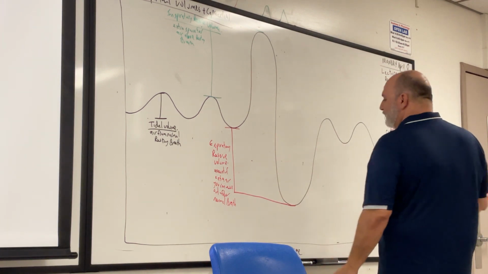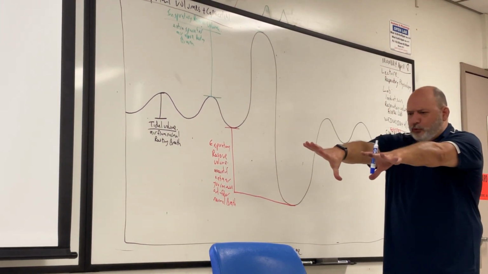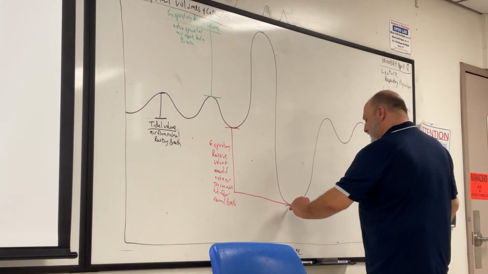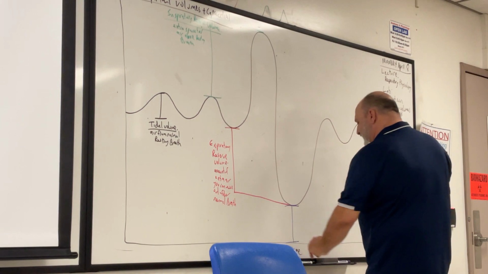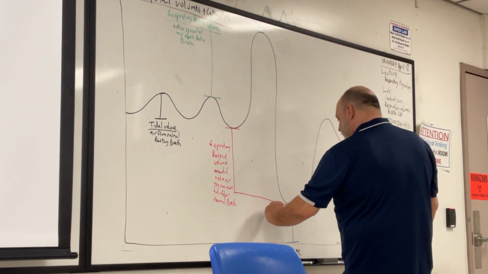So even after we've taken as much air out of our lungs as we can, there's still some air in the lungs. And that air that remains in the lungs is what we call the residual volume.